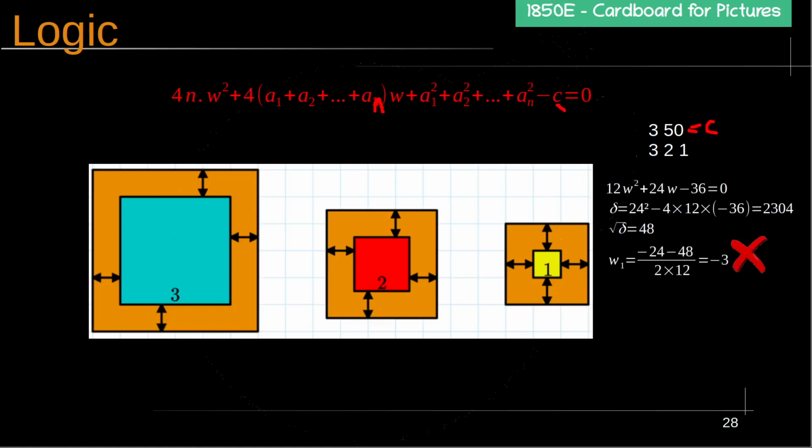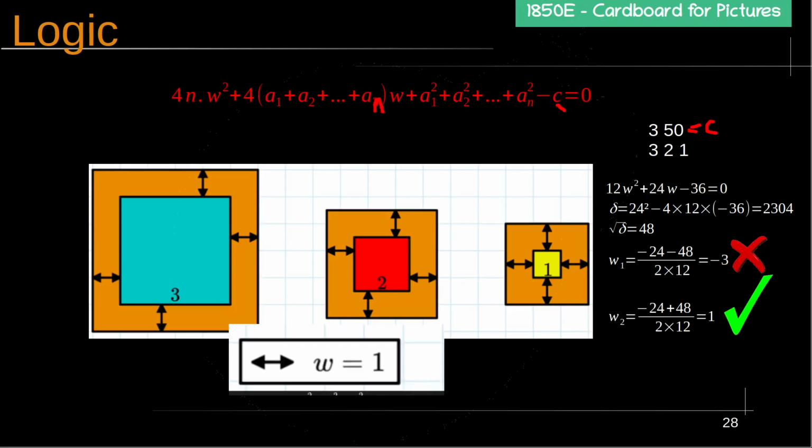This is a wrong answer because W cannot be negative. So we take the other solution, minus b plus the square root of delta, which is 48, over 2 times 12, which is 1. This is the answer of the problem. W is equal to 1.